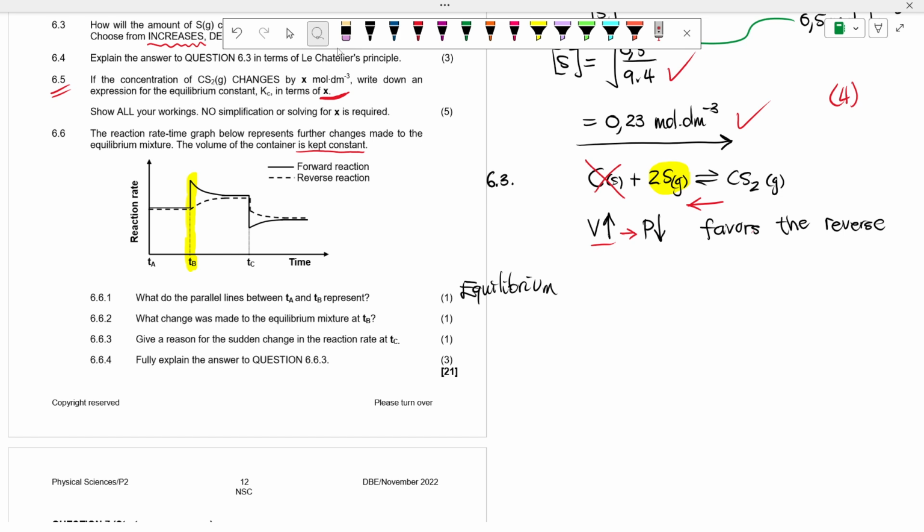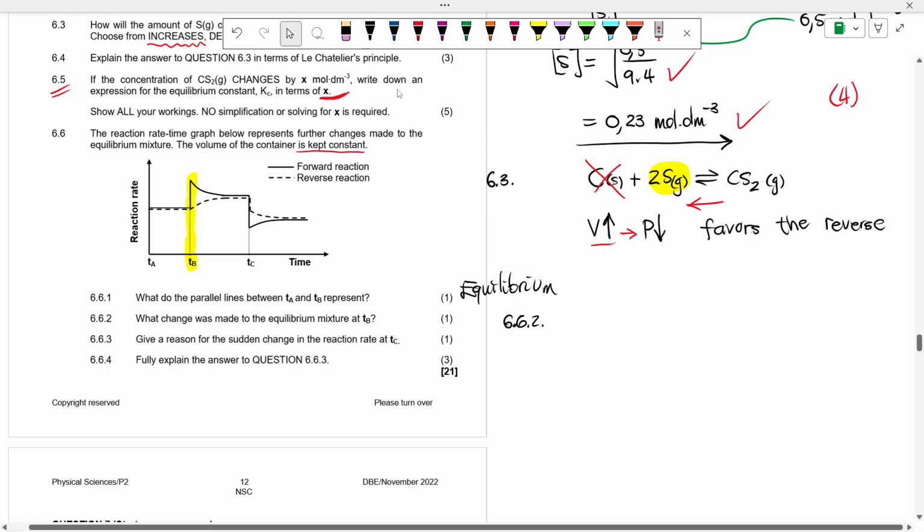However, you will not get that mark. I don't know if you notice why. Because I didn't specify which concentration. Exactly. Increase in the concentration of the reactant, which is the sulfur. Okay, that's good. How do we know it's the reactant that is being increased? Forward and reverse. Because at the end of the day, we are favoring the reverse, but the reaction rate of the forward is the one that is shooting up.